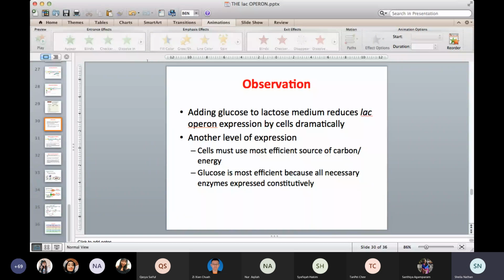So remember that. And if you ask a question, when a bacteria cell is grown in a culture medium where glucose is present and lactose is present, is the Lac Operon switched on or switched off? Explain your answer. So you have to be able to explain that.